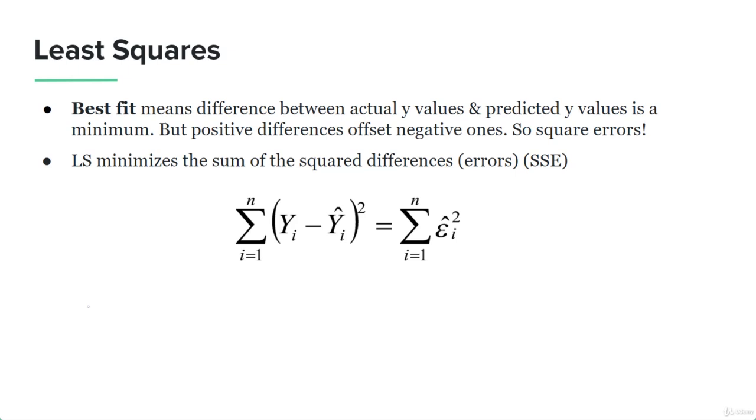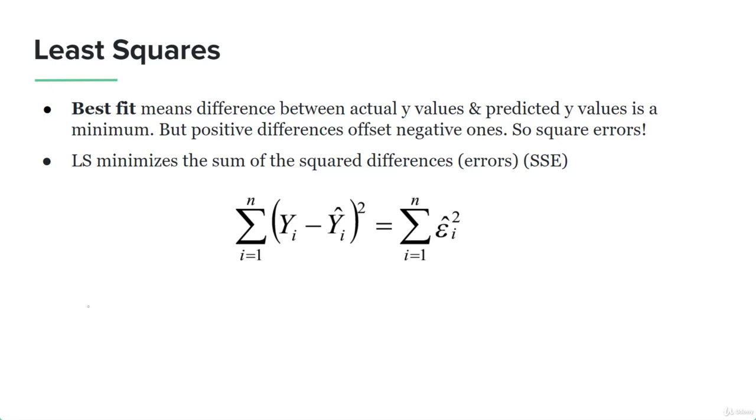We need to come up with a method so that whenever we draw a line, it is drawn in a way that the predicted and the actual values have a minimum distance between them. The predicted values are the ones we produce using the equation, and the actual values are the ones already given in the dataset, which are plotted on the grid.